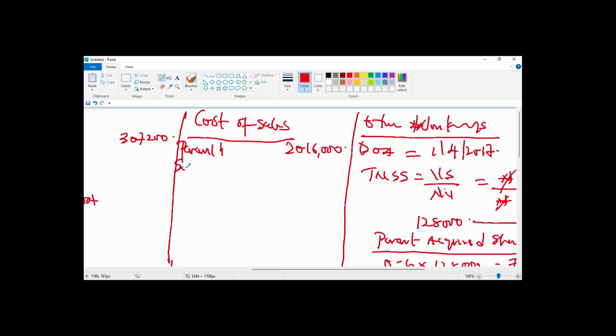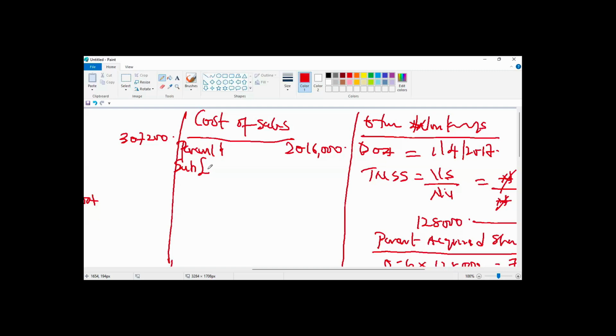Then the sub. Don't forget, the sub cost of sales should be prorated. You only acquired for 6 months. All income and expenses in the P or L that relate to the subsidiary will be prorated by the number of months acquired during the year, because it is a during-the-year acquisition.